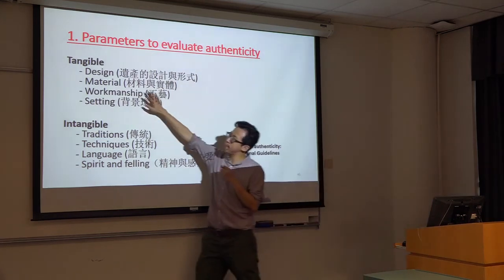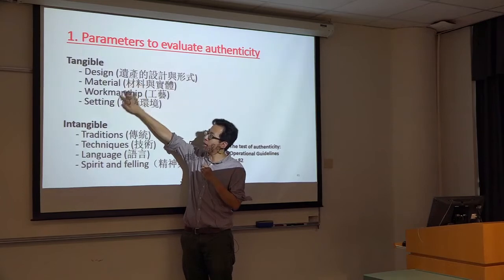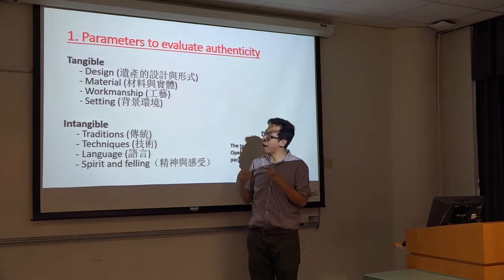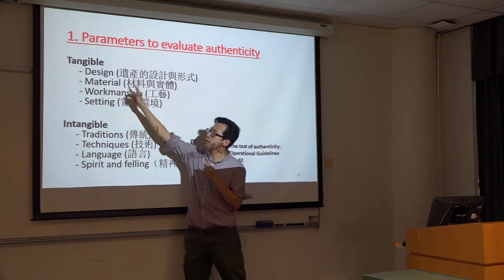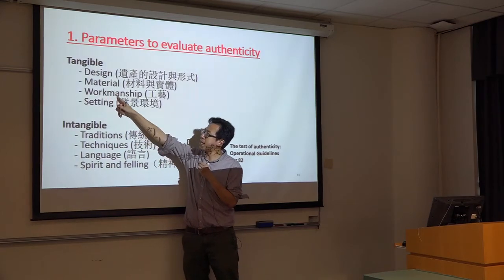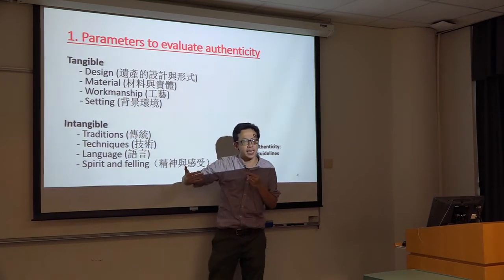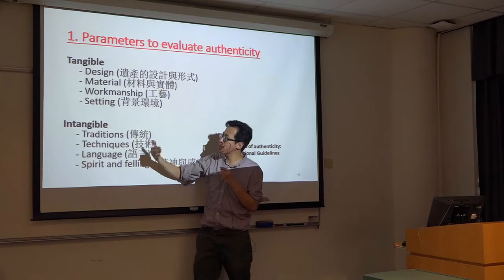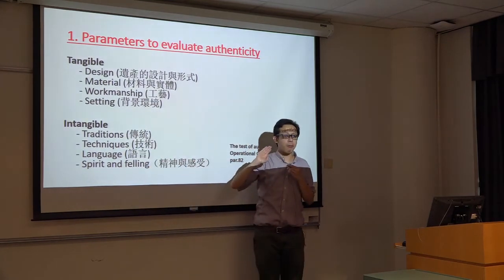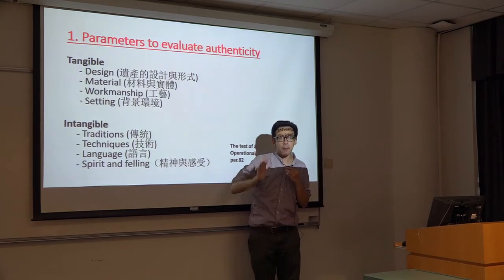Especially for monuments, buildings, or archaeological sites, when we try to do the conservation, of course, we need to understand the basic information of materials. We need to understand the workmanship, what kind of techniques, what kind of skills were used, the general social setting, the background, how people made things in the past.